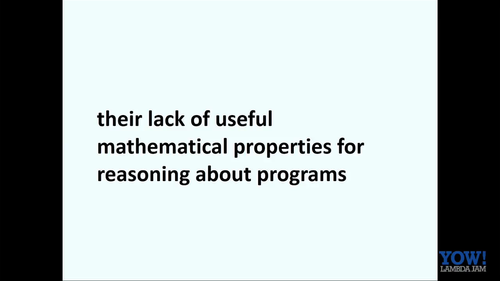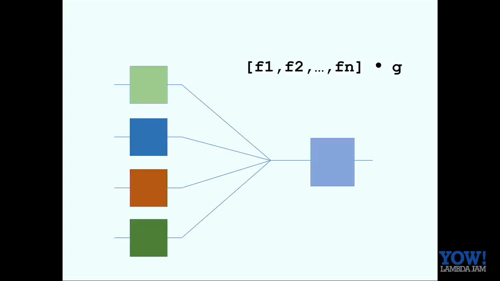"Their lack of useful mathematical properties for reasoning about programs." This is very bad. So let me show you one of those properties. Look at this program. So this is a composition of a construction with another function. This is G. And composition was one of Backus's combining forms. That's that black dot there. So this diagram can be described by this expression in Backus's language. But if you think about it, this will compute the same results as this program.